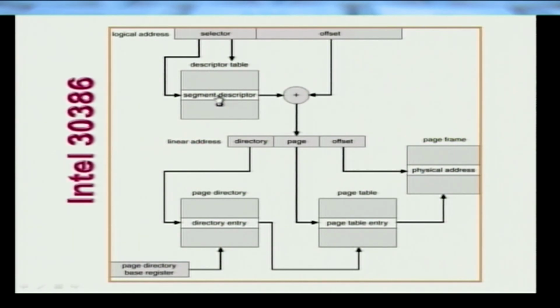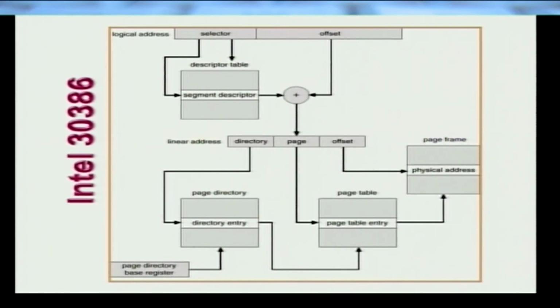The entry in the segment descriptor is taken. Remember, there would be many segment descriptors available in the descriptor table. Therefore, this segment descriptor which is now identified is compared with the offset, and the corresponding page number is identified.